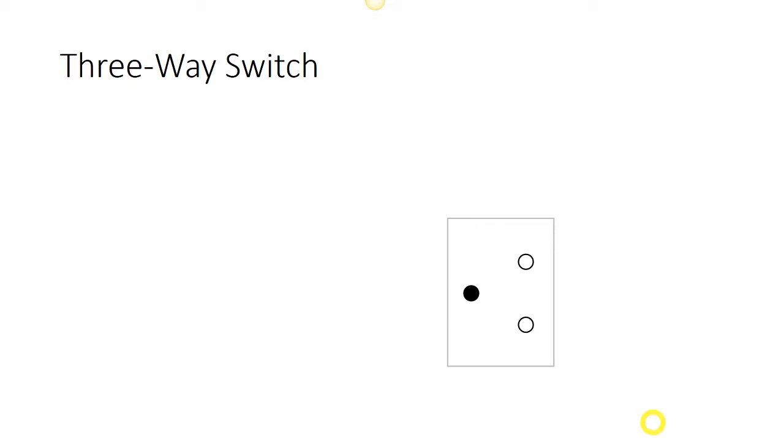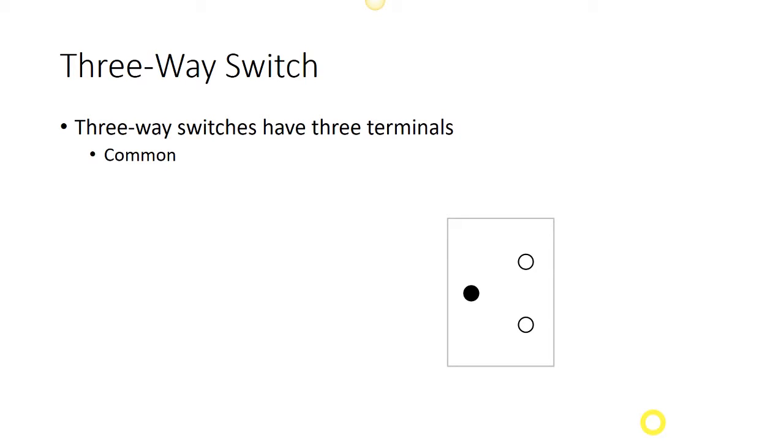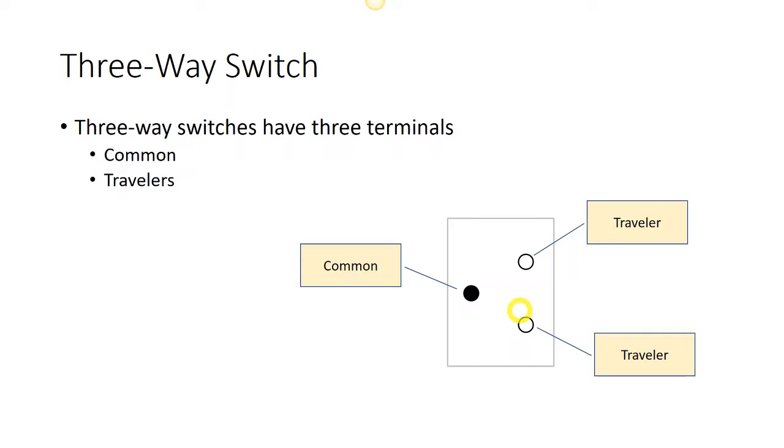So this new component, a three-way switch, has, instead of two terminals like a normal on-off switch would have, 3 terminals. And the terminals come in a couple of different varieties. The black dot that I'm representing here on the screen is a common terminal, and the hollow or white filled dots are what we call travelers. We're going to look at those in the next slide.